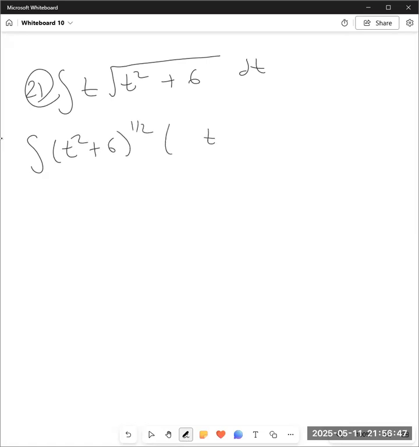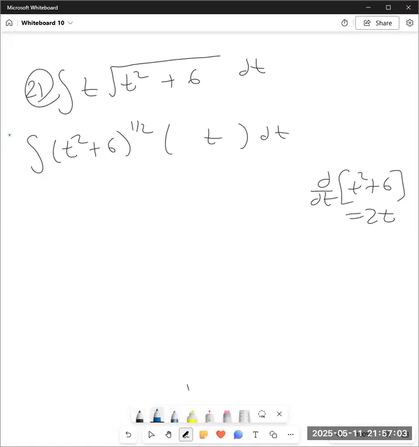I'm going to need a t portion here, but I think I'm going to need a multiplier. So the derivative with respect to t of t squared plus 6 is 2t. So let's make that happen. We need 2t, so we're going to balance that out with a 1/2 out front.